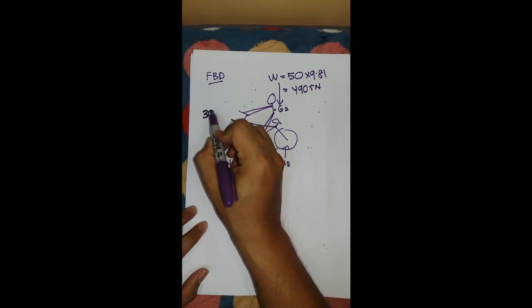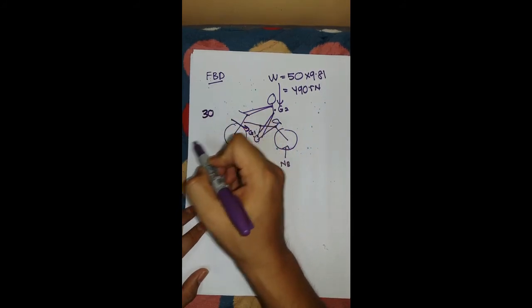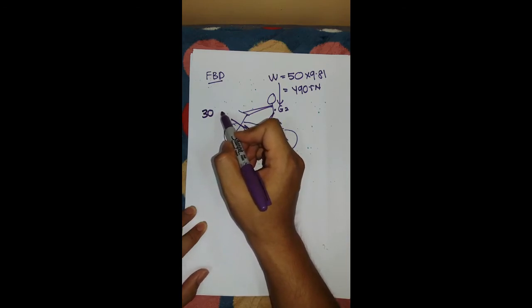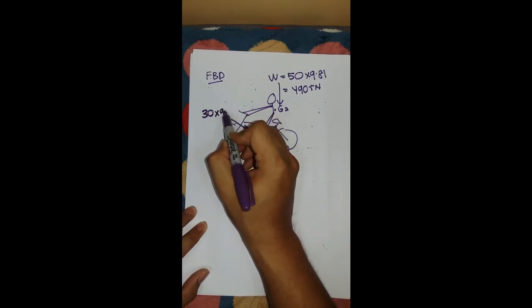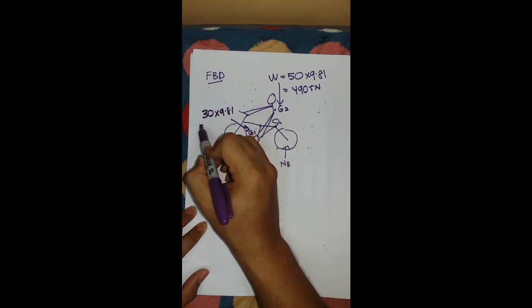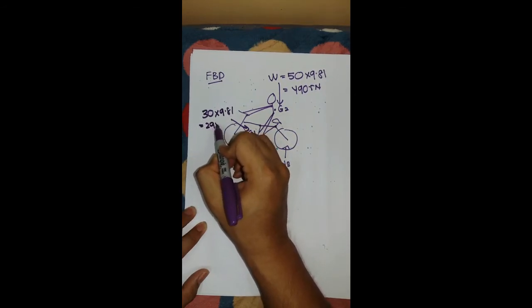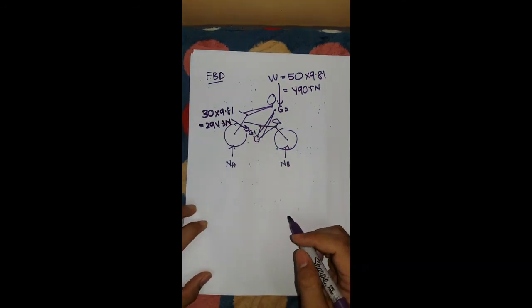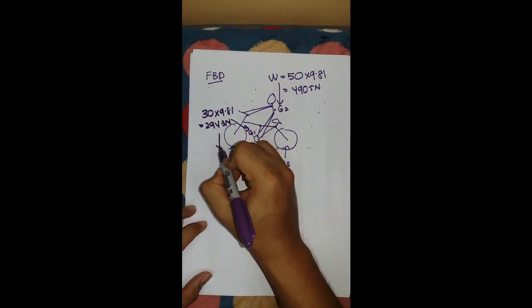And the weight of the bike is 30 kilogram. And when you want to convert it to force, you gotta times it with the gravity, and it's gonna be 294.3 Newton.